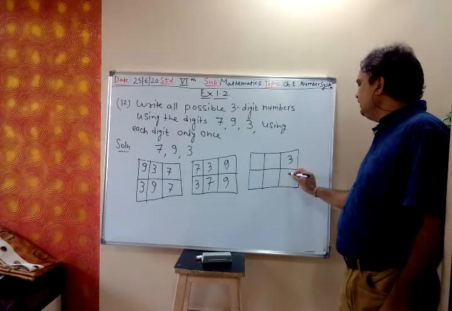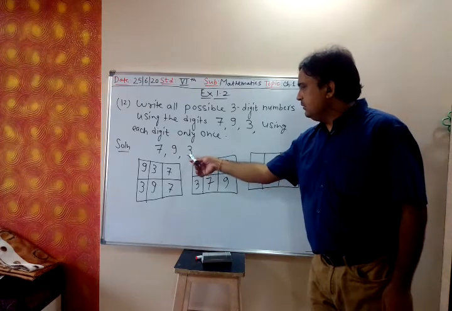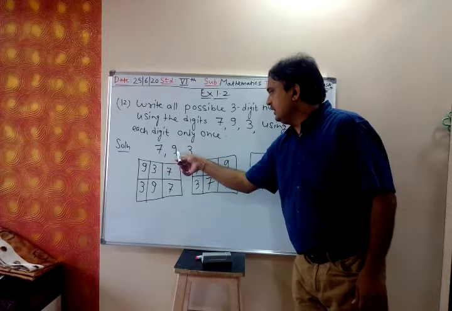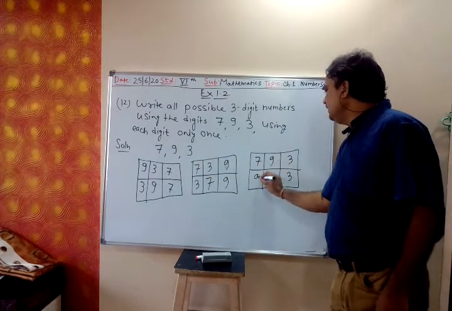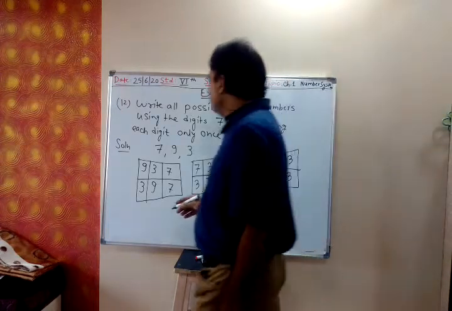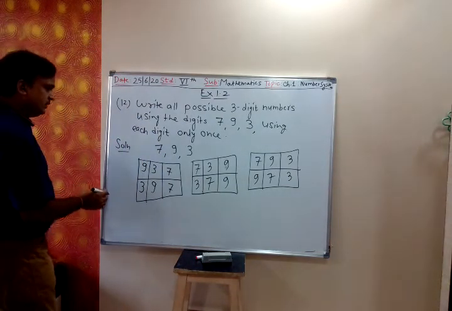When I write 3 in the ones place, the digits left are 7 and 9. So I can write 7 9, 9 7. So these are 6 3-digit numbers.